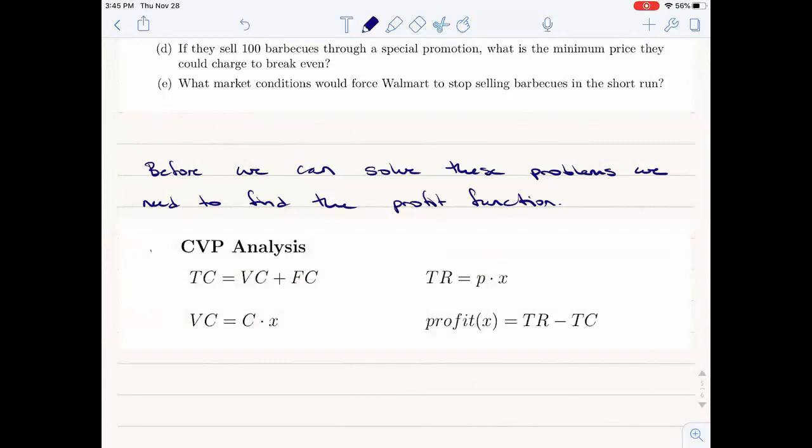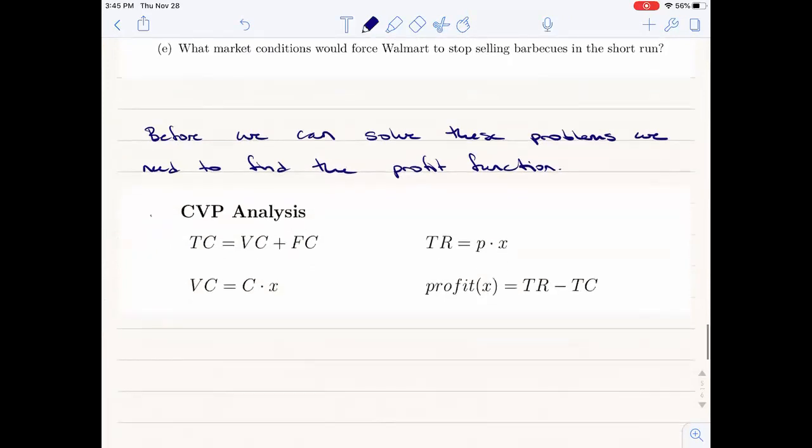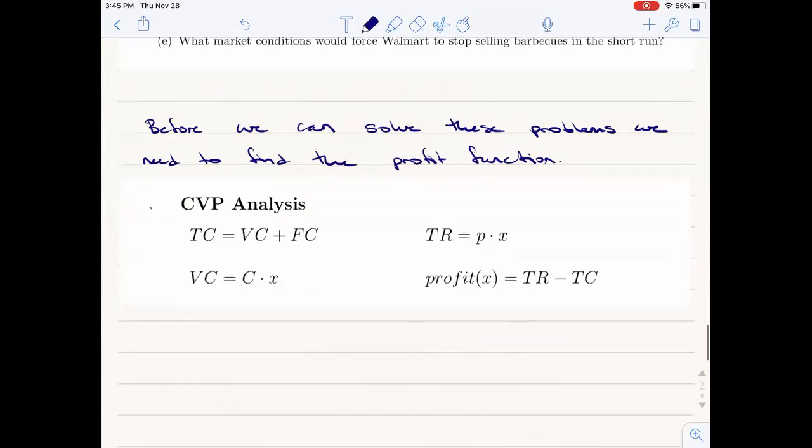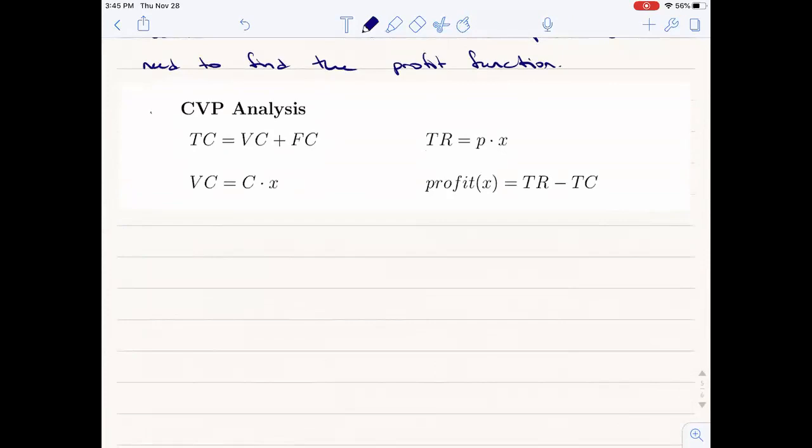So these are the formulas that we have on our formula sheet. Remember, for these ones, we start down here, and then we work our way through the rest of the functions and just build up our profit function. Starting with the profit is the total revenue minus the total cost.